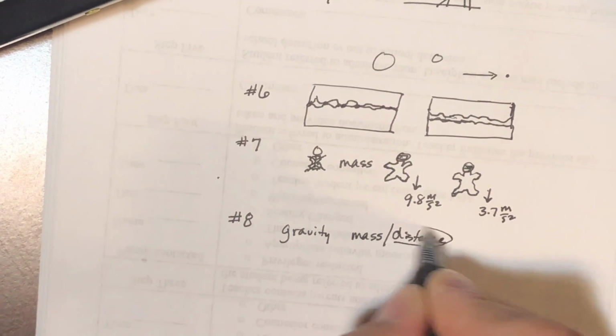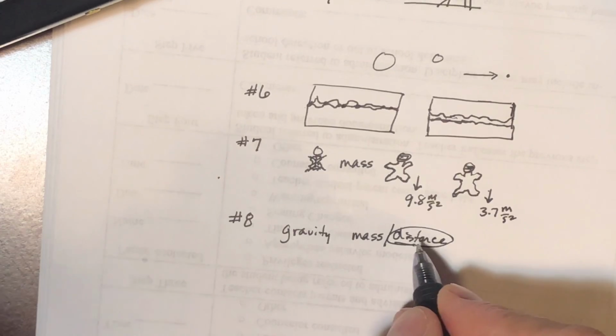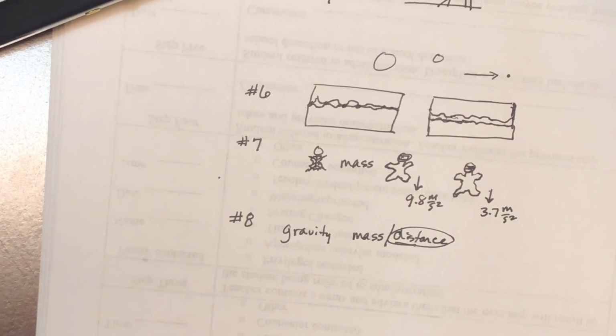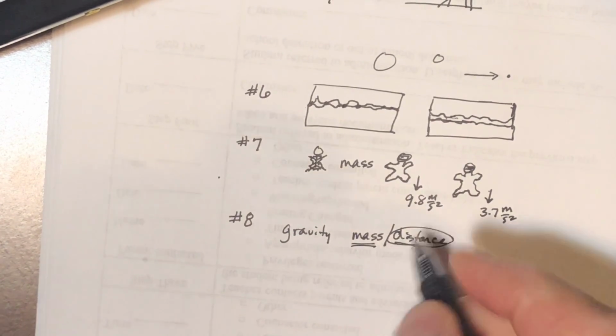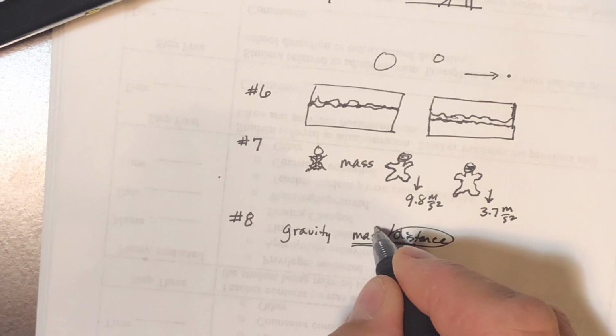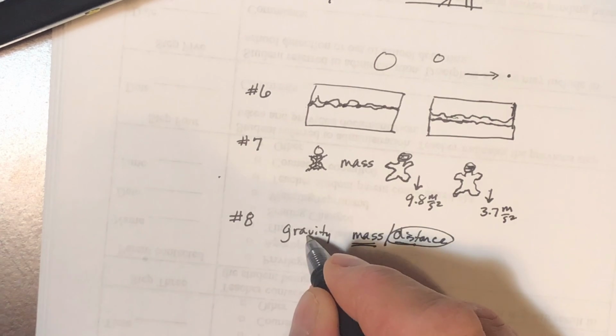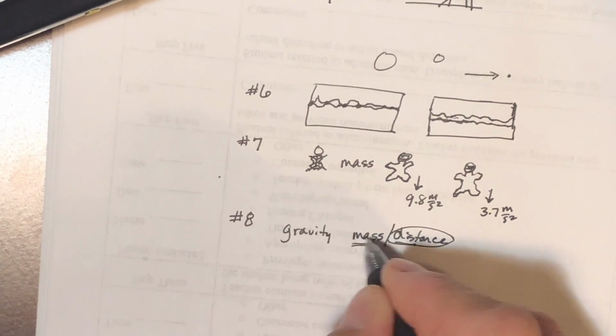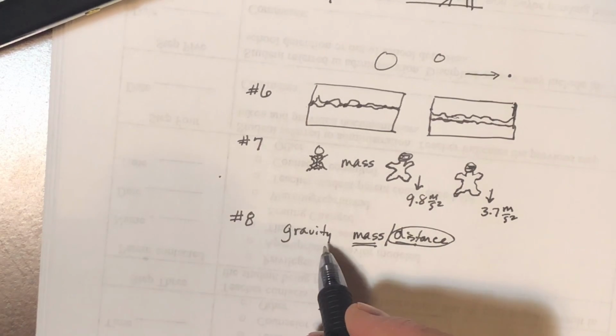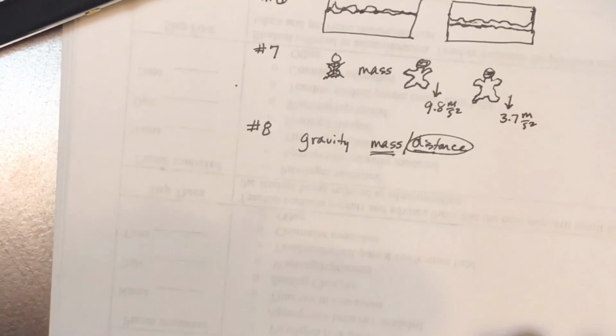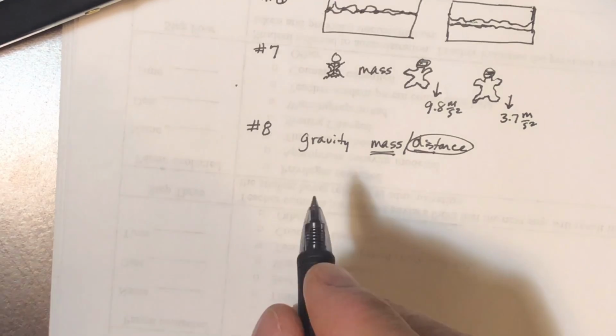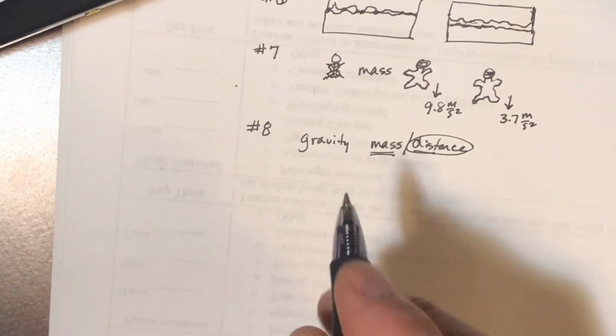So if the distance stayed the same from the center of the Earth, that means it didn't get bigger, but its mass increased. The mass increases the gravity. So guess what? The gravity would increase.